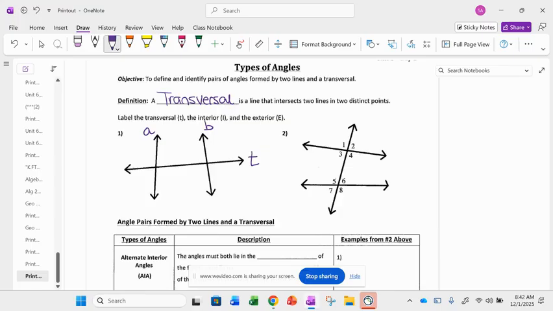That's always the transversal. And anytime you have two lines and a third transversal that cuts through them, you end up with an interior area and an exterior area. The interior area is the space between the two lines. So here, between lines A and B, is the interior.